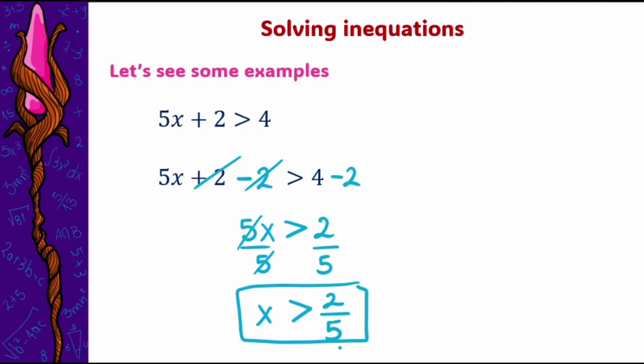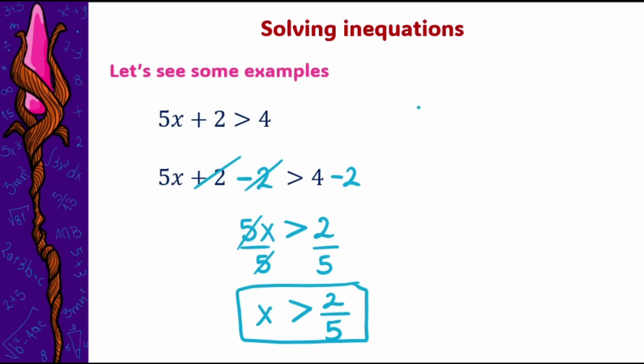Notice something very interesting too, as a difference with the equations. In the equations, we usually get a value, but in these ones, we actually get an interval. This means that the solutions are all the values for x that are bigger than 2/5.